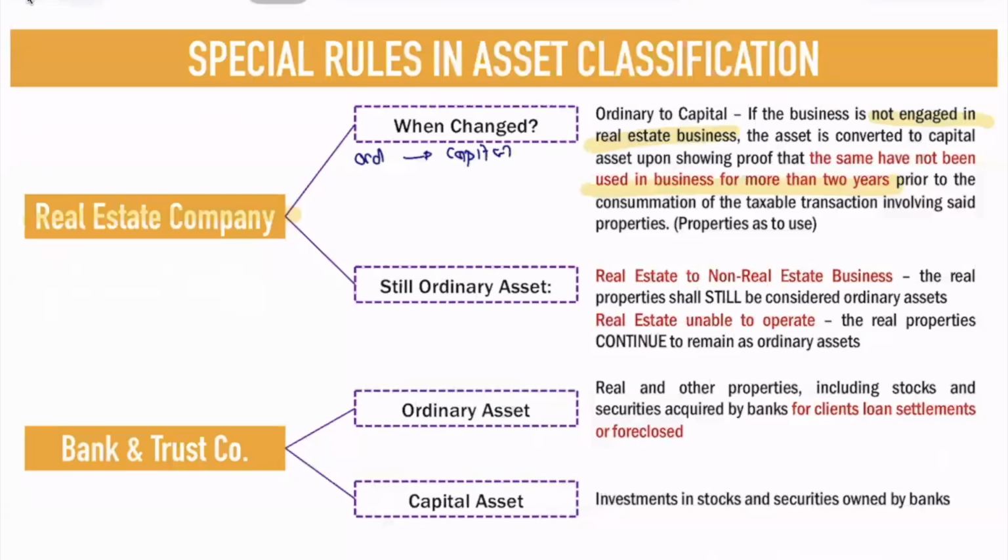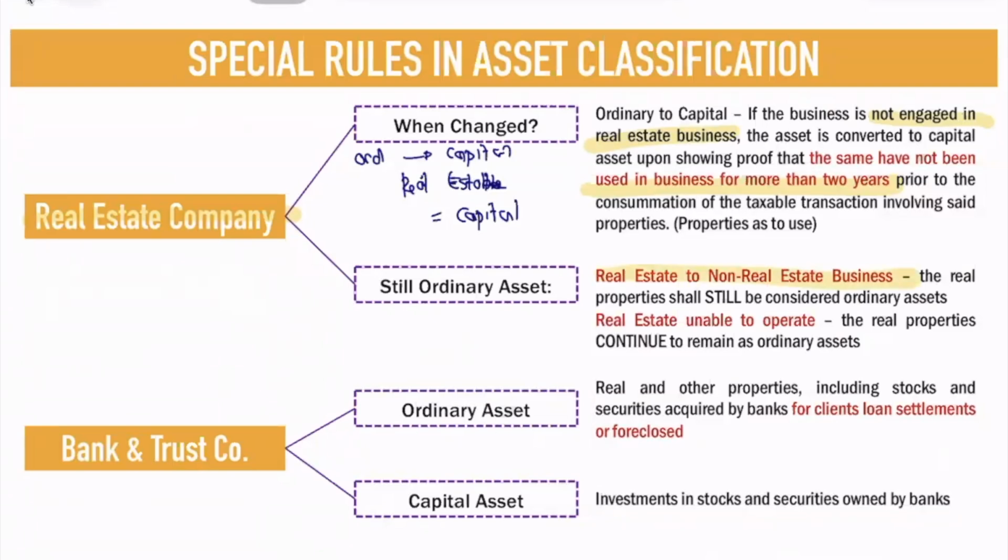So as a rule, therefore, for a real estate business, laging capital siya. Ang hirap mag-change from ordinary, from capital to ordinary. Pero from ordinary to capital, pwede. How about if you will change from real estate to non-real estate?